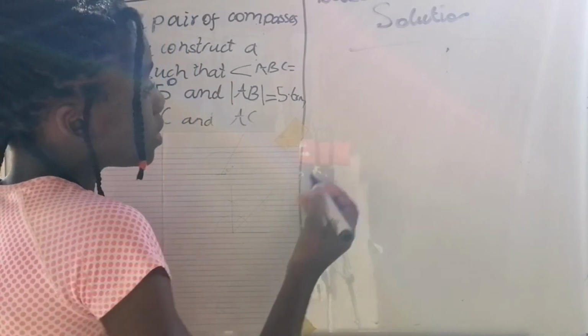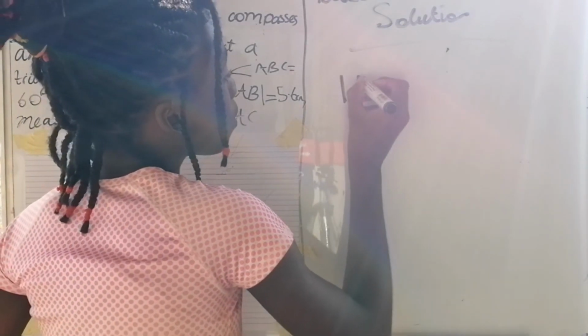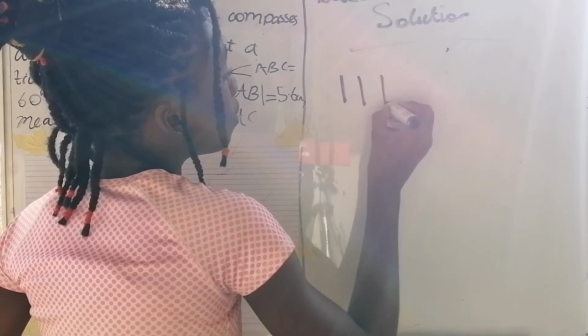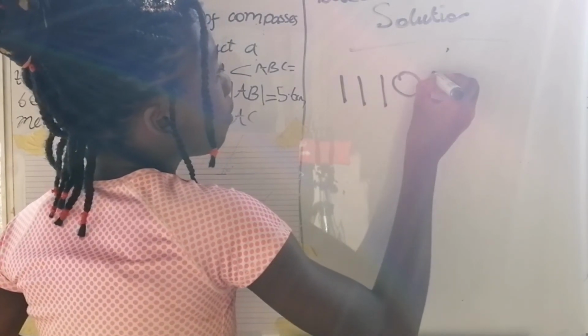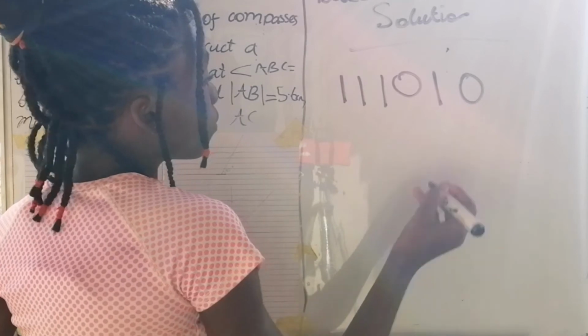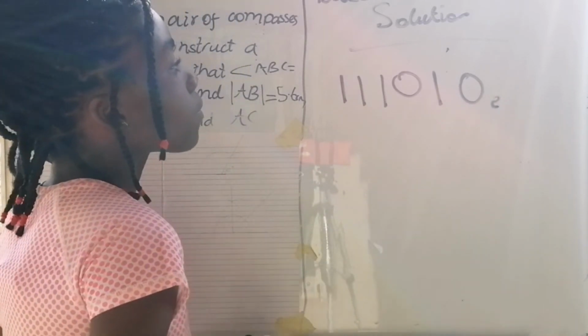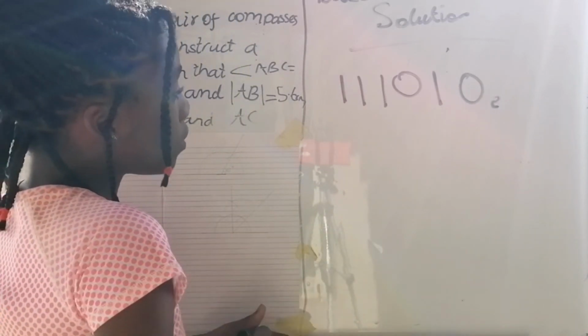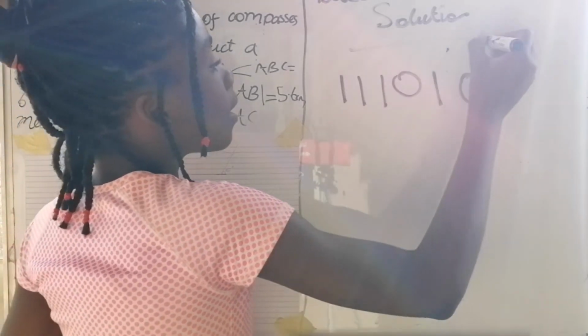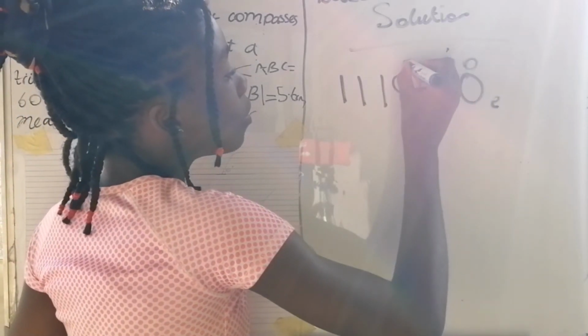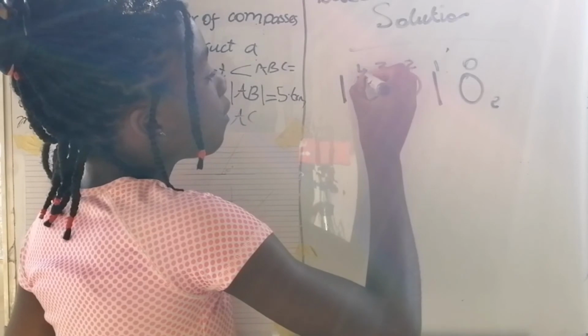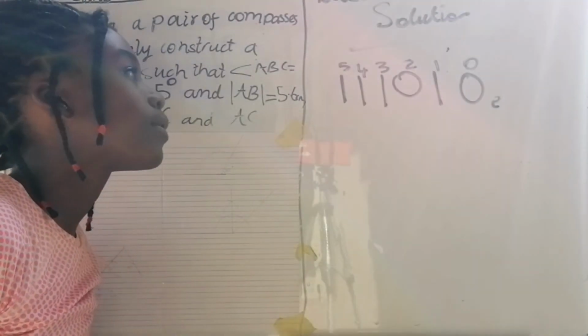So the first thing we do is write it out: 1 1 1 0 1 0 base 2. Then you start counting from the back: 0 1 2 3 4 and 5.